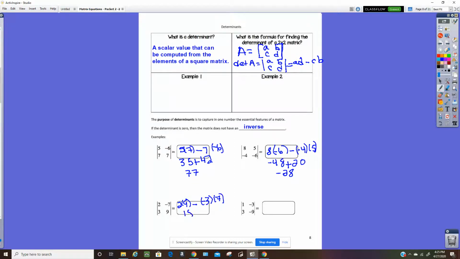So 18 minus a negative 21, so 18 plus 21 would be 39. And then negative 9 minus a negative 9 is 0. So this particular matrix would not have an inverse because the determinant is 0.